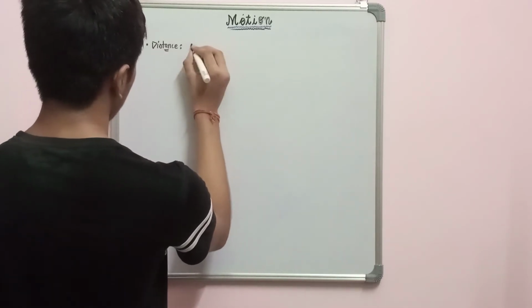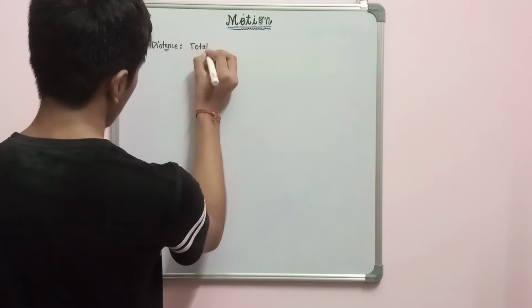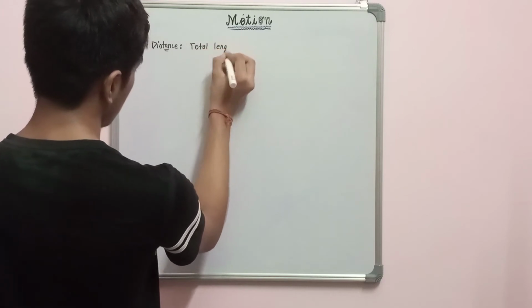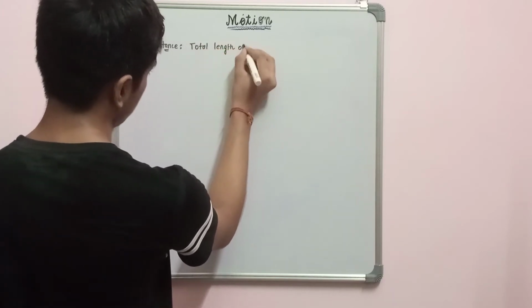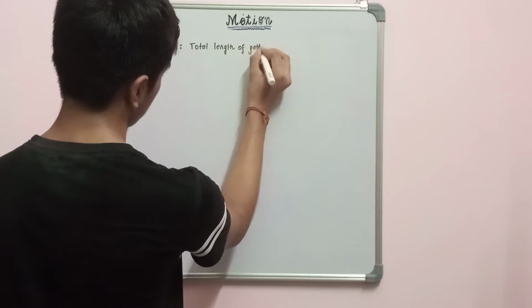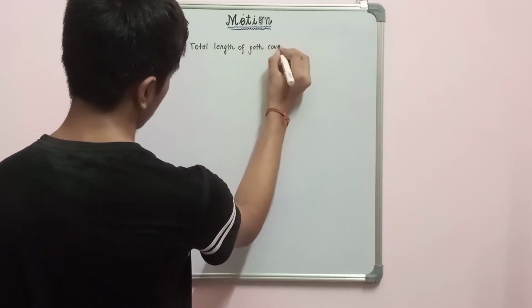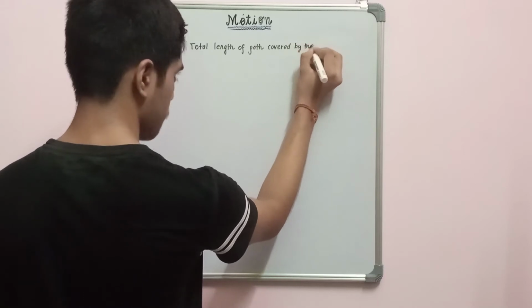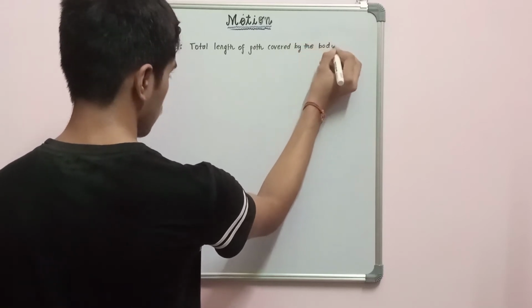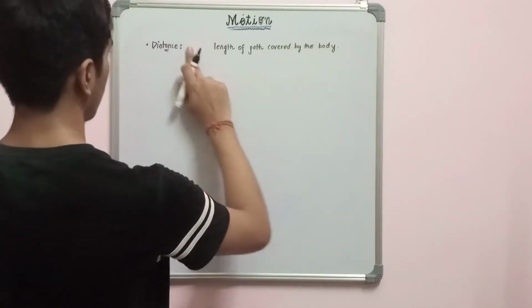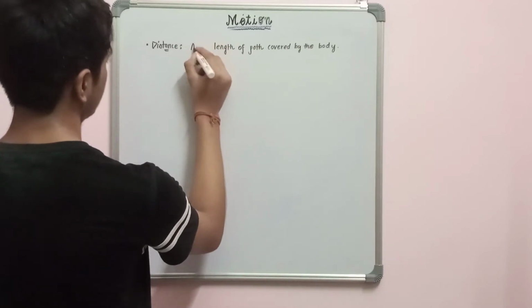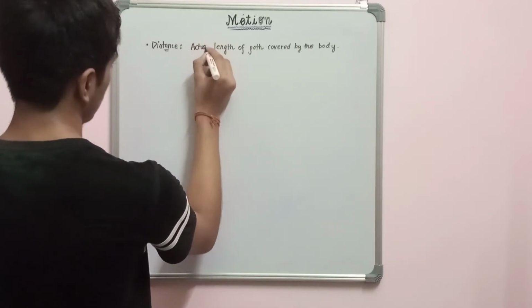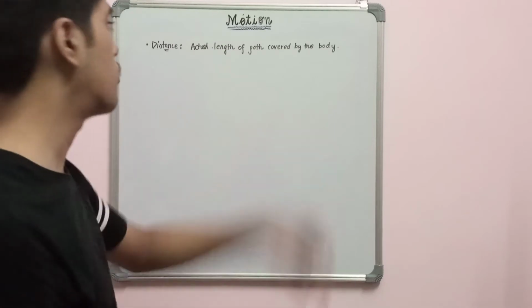So distance is what? Total length of path covered by the body. Write it down: the actual length of a path covered by the body.